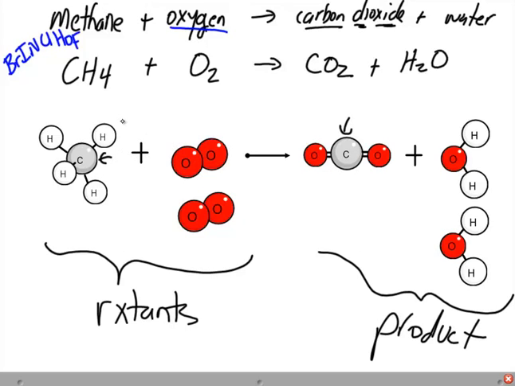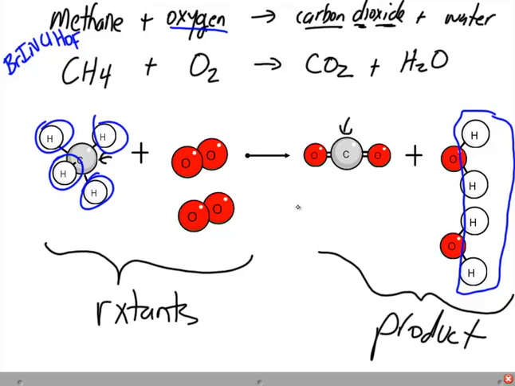We have 1, 2, 3, 4 hydrogen, and we have 4 hydrogen here. And oxygen, we have 1, 2, 3, 4, and over here we have 1, 2, 3, 4. So that would be a completely balanced equation.